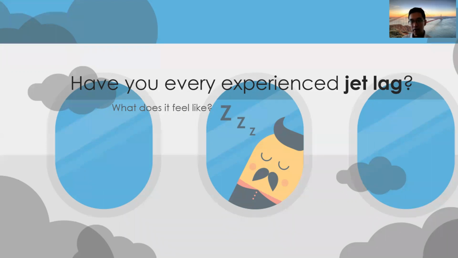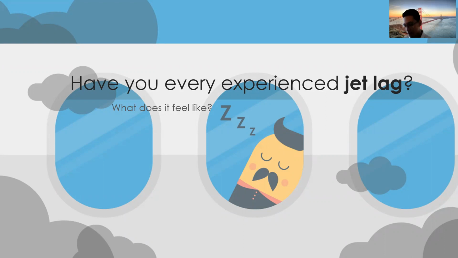Jet lag is a phenomenon that happens when you are in a specific location in a specific time zone, and then you take a plane and go to another place that is really far away from the original place, in another time zone with a totally different time.